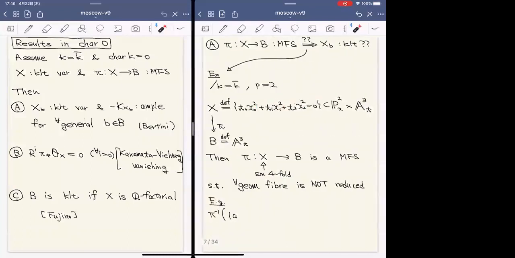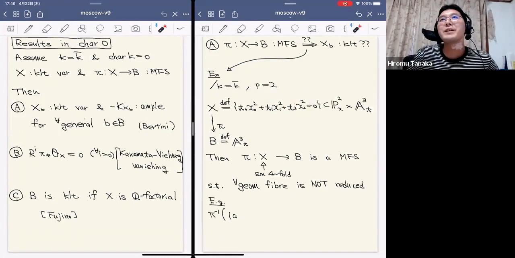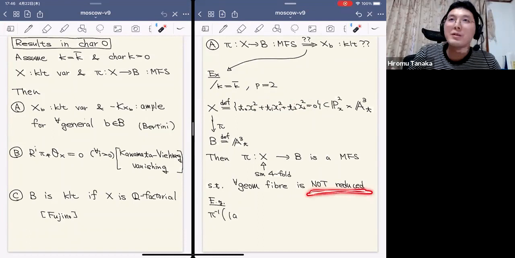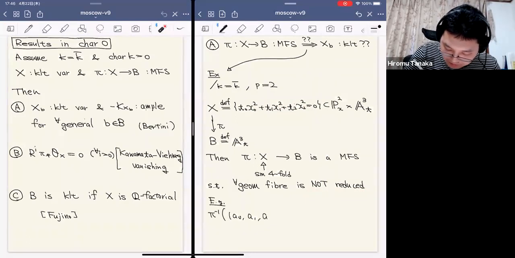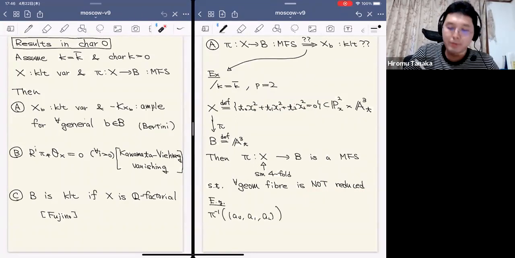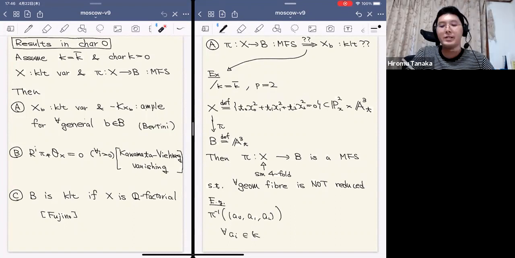Good. Okay, let me explain the details on this part. We take a closed point and consider the fiber over that. I now assume that each a_i is an element of k.